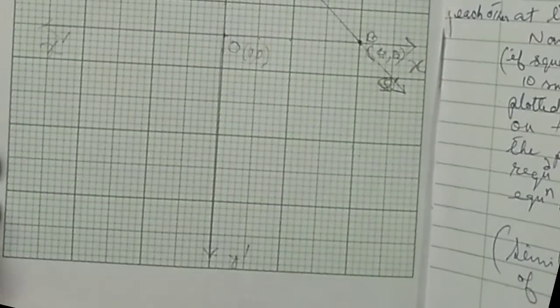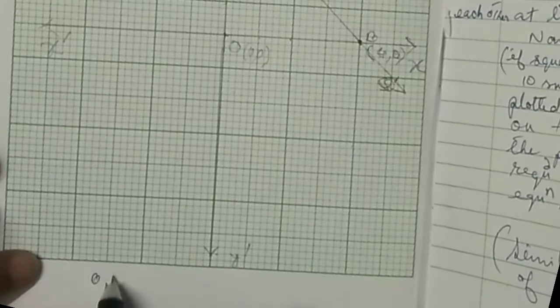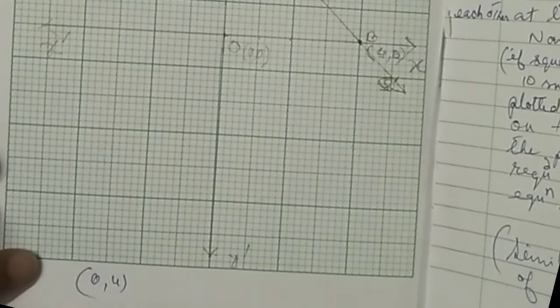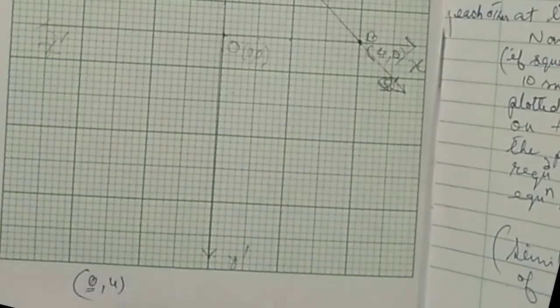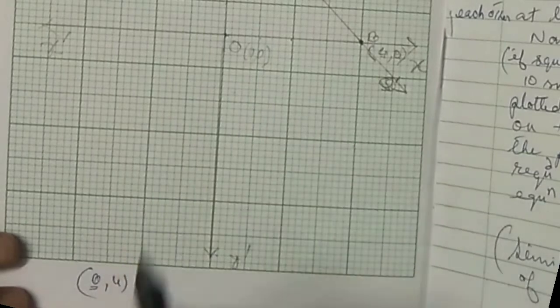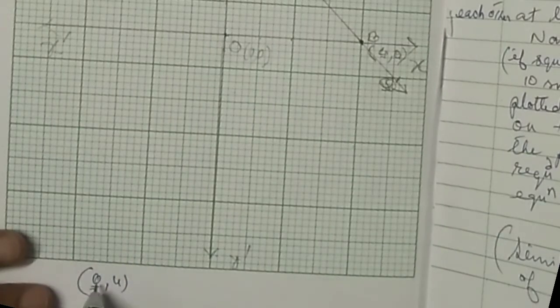Now for the first point 0, 4. How is it to be placed? Always the x coordinate is taken first, and then you take the y coordinate. The x coordinate is called abscissa, the y coordinate is called ordinate.